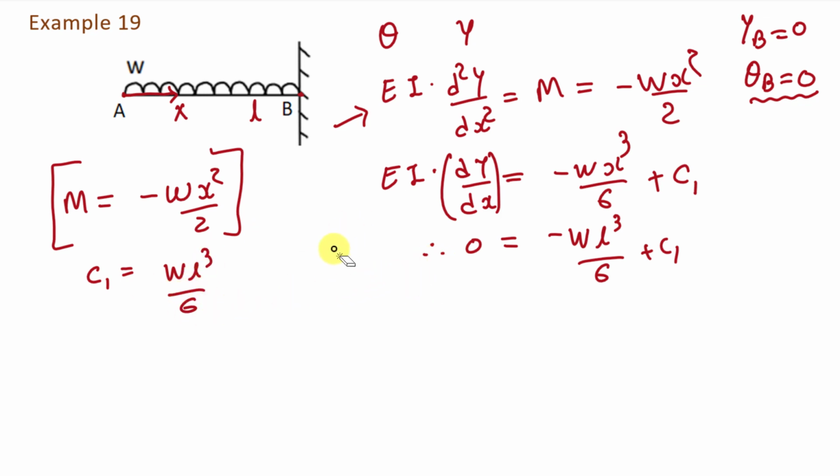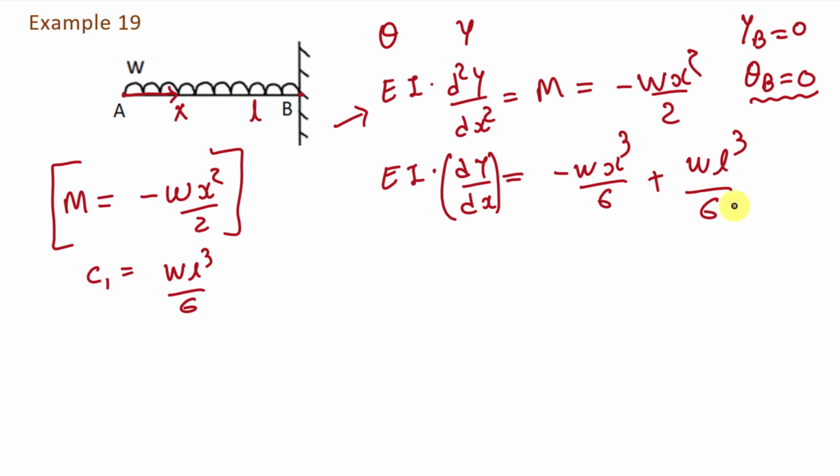So if we put this value of C1 here, it will be WL³/6. Fine. Now we are going to find the deflection from here. For that we are going to integrate this expression with respect to x.